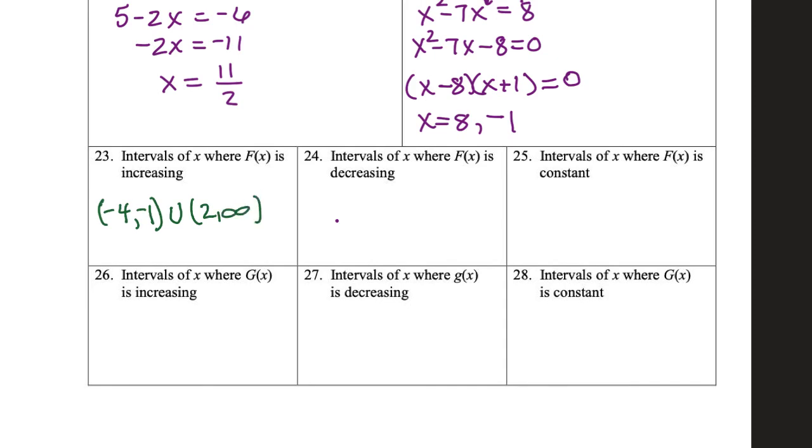Okay, number 24, intervals where f of x is decreasing. So we have negative 7 to negative 4, union negative 1 to 2. And then where it's constant, there are no intervals. That thing's not constant.